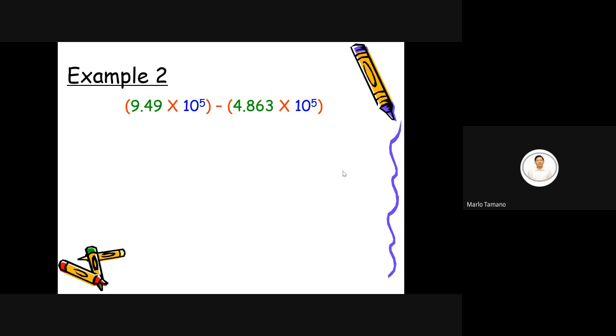They have the same exponent. So, therefore, we will just subtract. So, 9.49 minus 4.863. When subtracting, align the decimals.